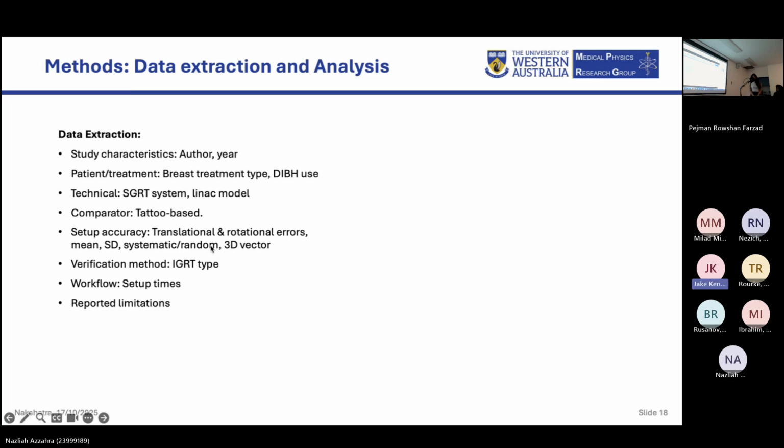The data extraction included the author and the year, patient characteristics, technical characteristics such as SGRT system and the LINAC model, comparator, which is the tattoo, setup accuracies in different metrics, verification method, workflow, and also the reported limitations.